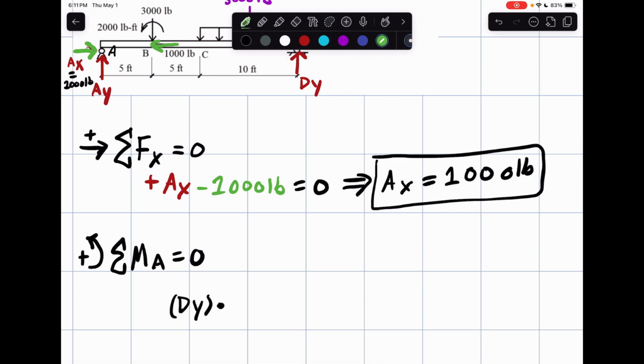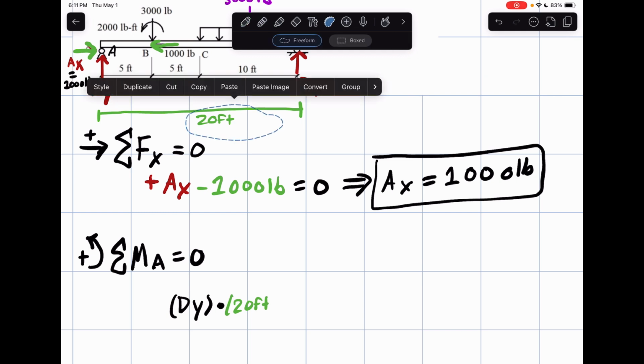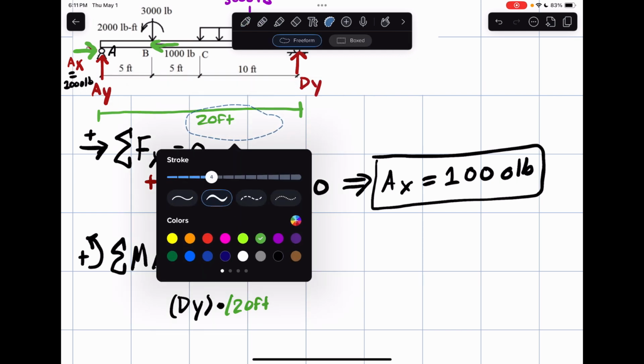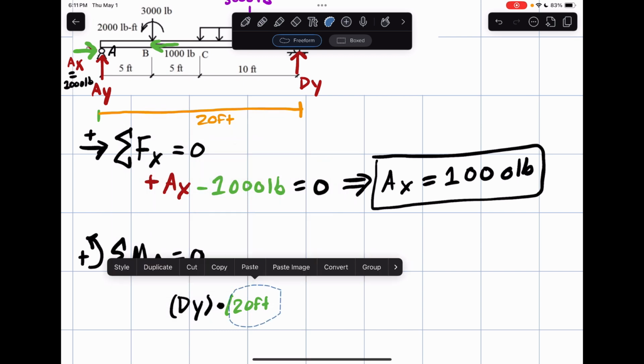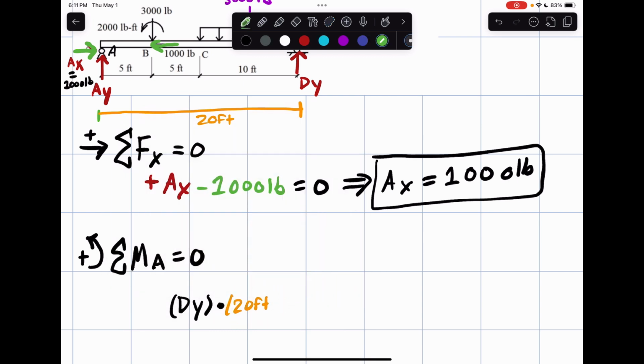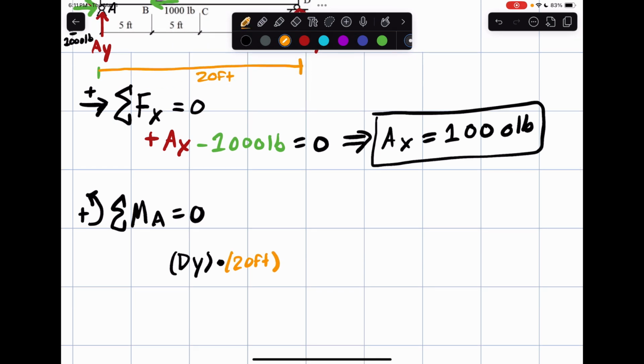Our distance from A all the way to DY, where that force is being applied, is 20 feet, so we multiply by 20 feet. Let me change the color because that might be a little confusing. Let's do orange for the distance here. Cool, so we have DY times the 20 feet. And now we can move on to the next one.